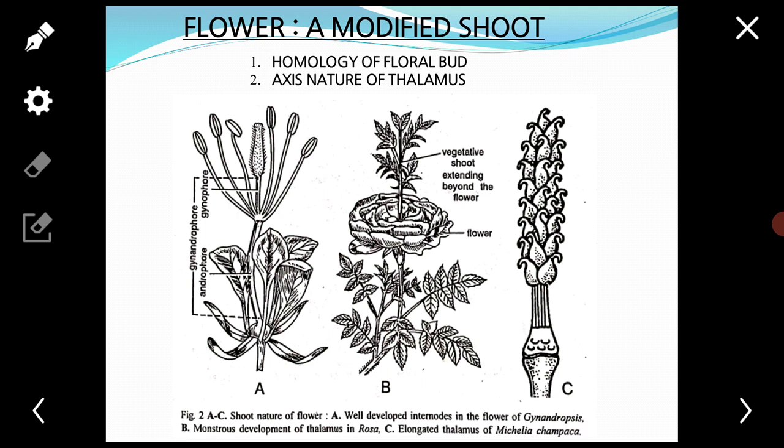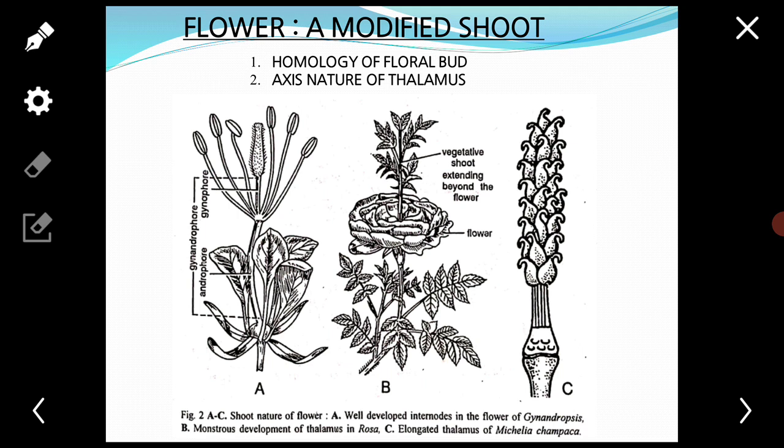Next, according to Thorne, in 1963, a proponent of the classical concept, the primitive angiosperm flower consisted of an axis with numerous discrete and spirally arranged sterile as well as fertile appendages.